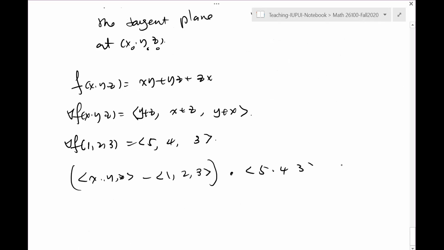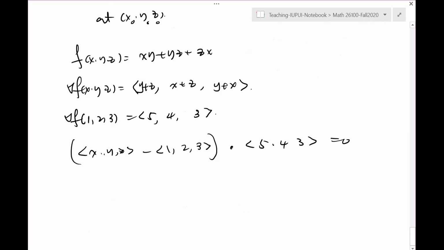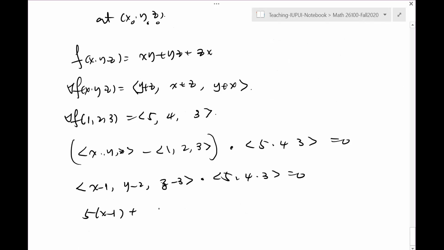That's all we need. So we get (x minus 1, y minus 2, z minus 3) dot (5, 4, 3) equals 0. I get 5(x minus 1) plus 4(y minus 2) plus 3(z minus 3). It's parentheses, not that.